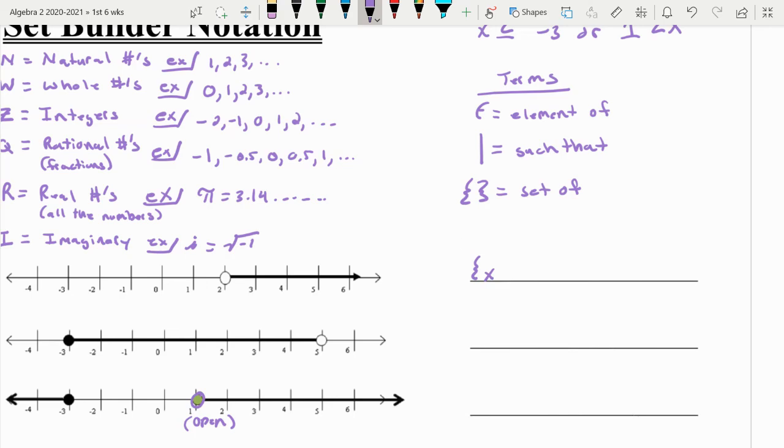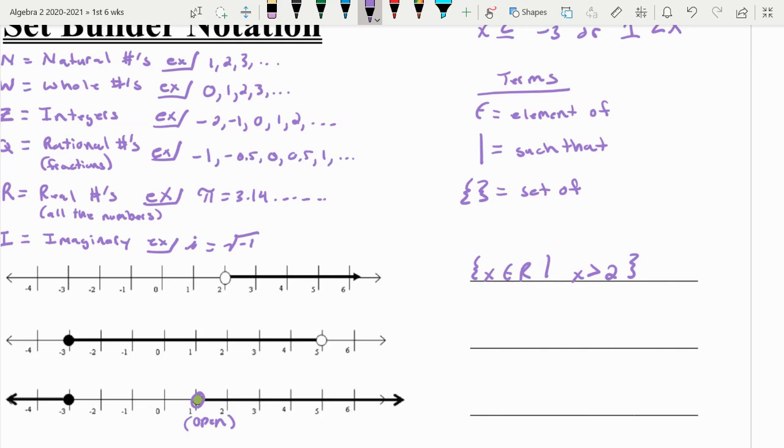You can even say y values, whatever values we're using. So the set of x is an element of, so I'm going to put this element symbol, and then we can declare a number system. So let's say real numbers. So we know x is the variable, it's a real number, so we know what numbers are eligible, such that, and then we insert our inequality. x is greater than 2, then close the brackets.